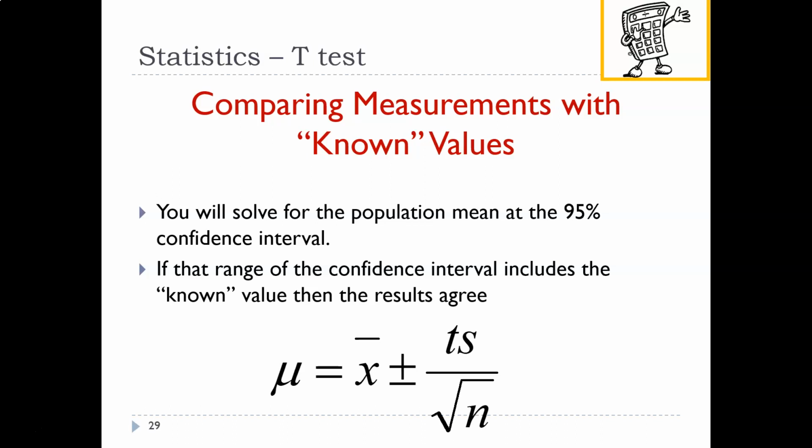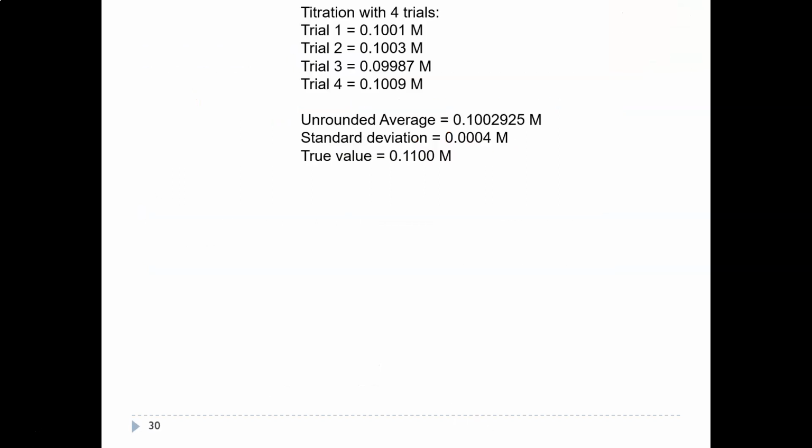Okay, so the way we use the confidence interval, we just practiced using the confidence interval. So I actually have the exact same data values that we used when we practiced the confidence interval, but what I've added is what the true value really was. So the confidence interval, using this equation, we change nothing about how we do it.